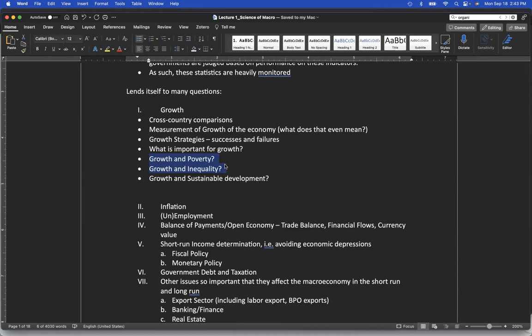Inequality will rise, but then inequality will fall. This is called the Kuznets curve. And then there's an environmental Kuznets curve, which is for the environment, but this is an inequality Kuznets curve.